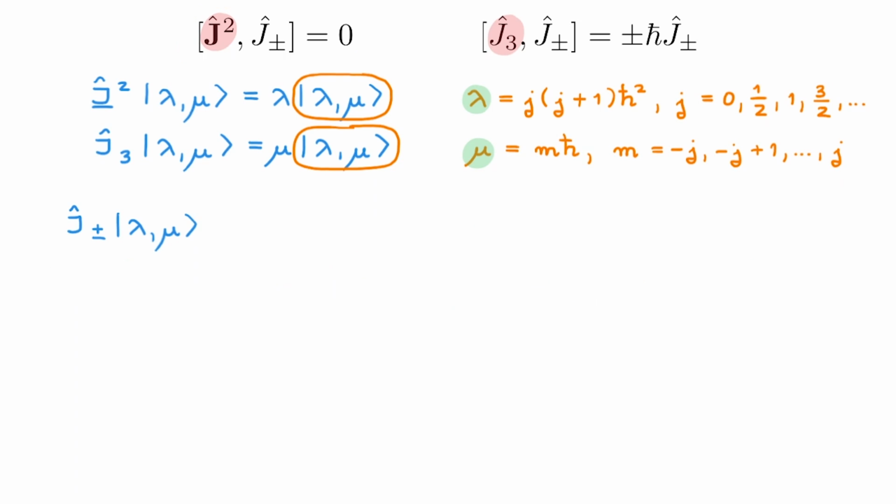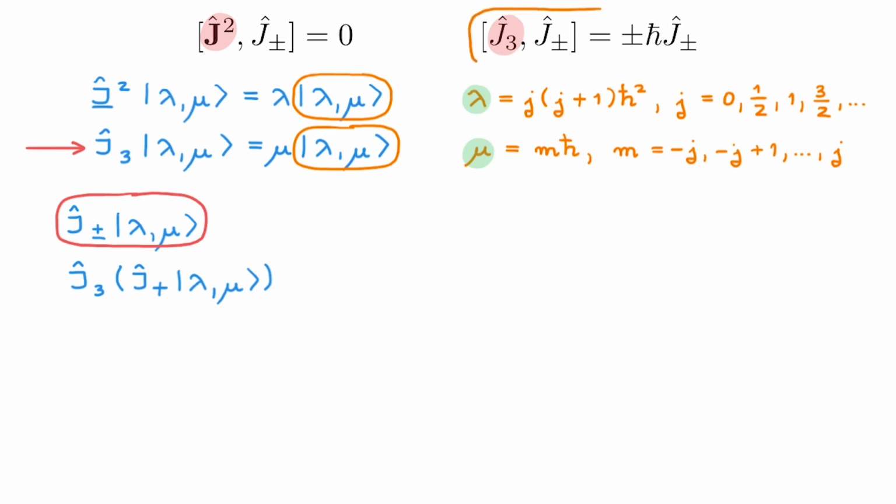Let's now make some room and consider J3. The result for J3 is that if lambda mu is an eigenstate of J3 with eigenvalue mu, then these new states are also eigenstates of J3, but this time with different eigenvalues that we are about to calculate. To do this, let's start with J3 acting on the state generated from J plus.